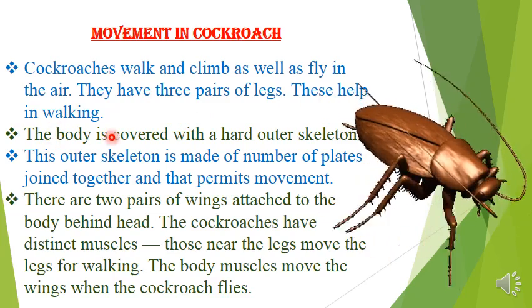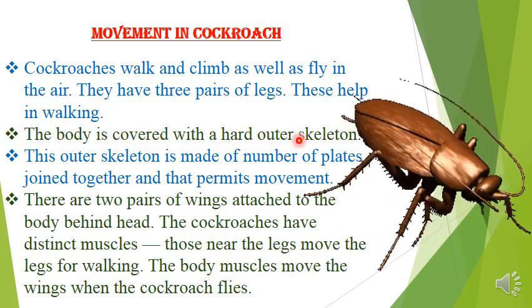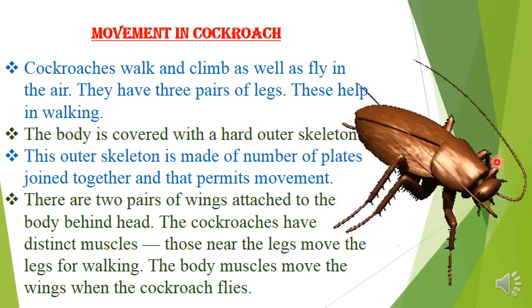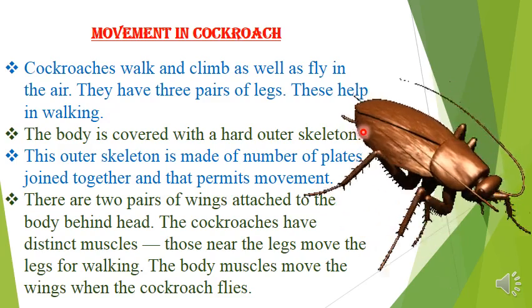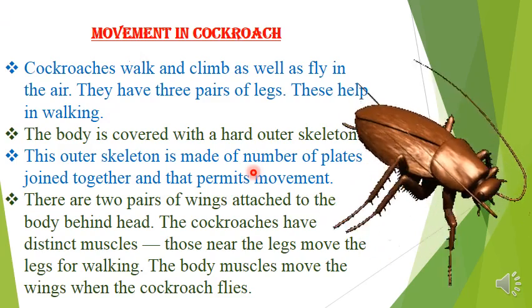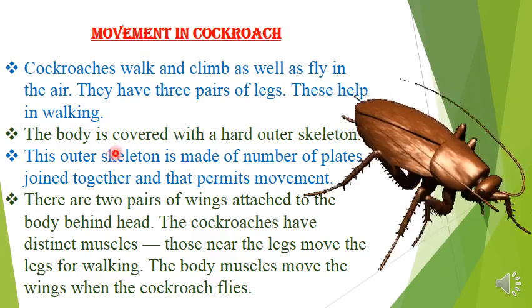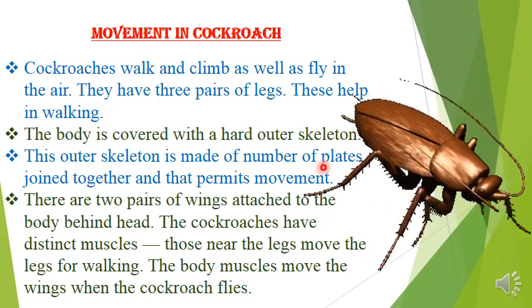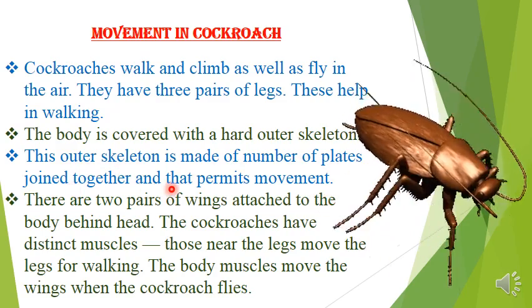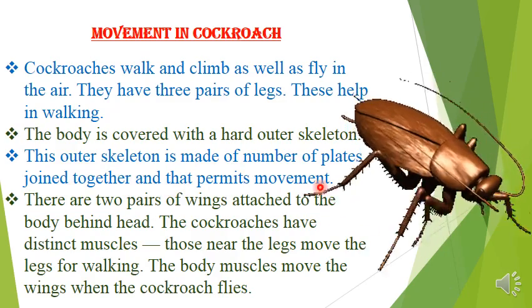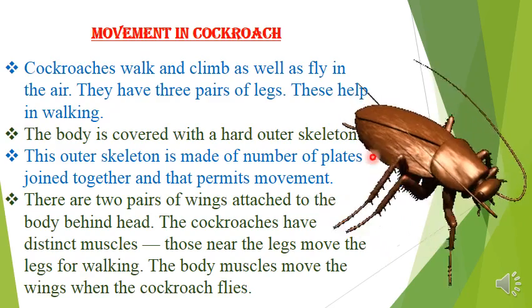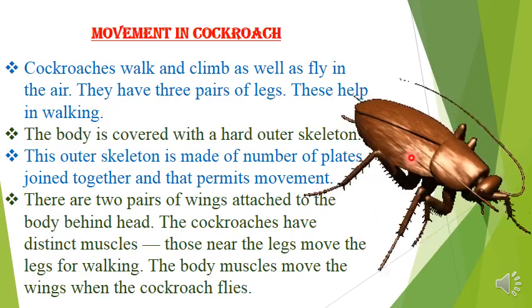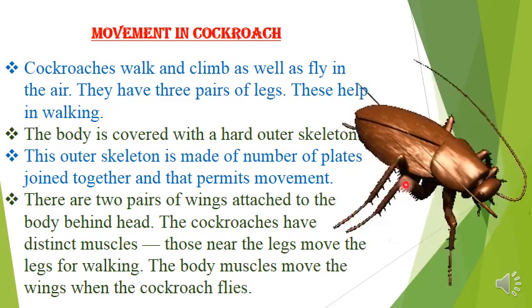The body is covered with a hard outer skeleton. This outer skeleton is made of a number of plates joined together and that permits movement. It has different plate-like, layer-like structures on the skeleton which help the cockroach to move.